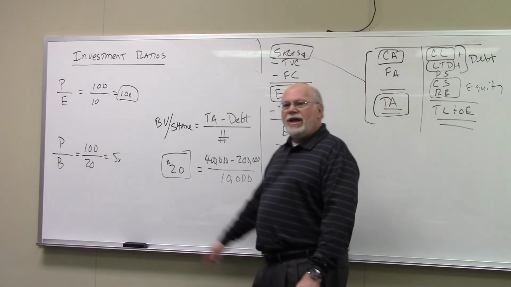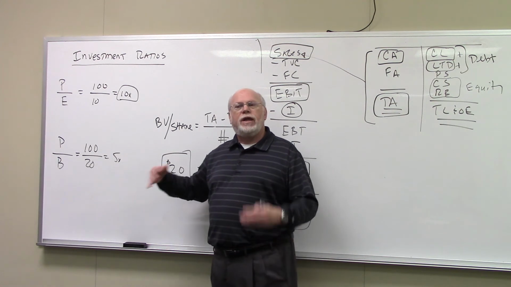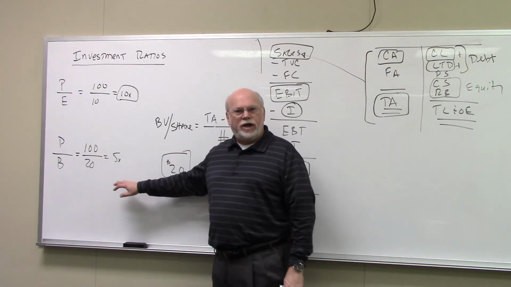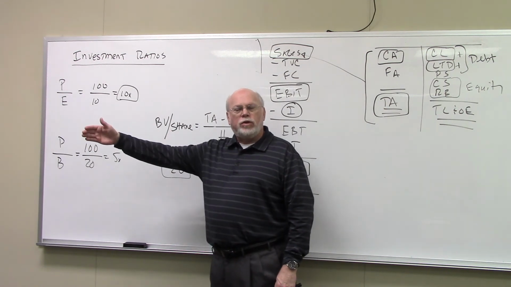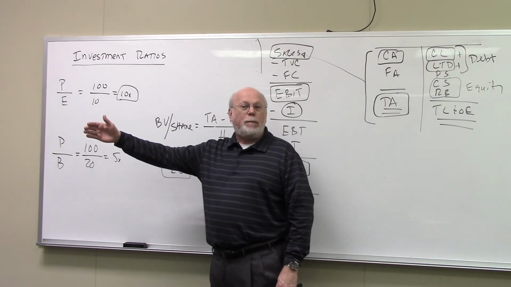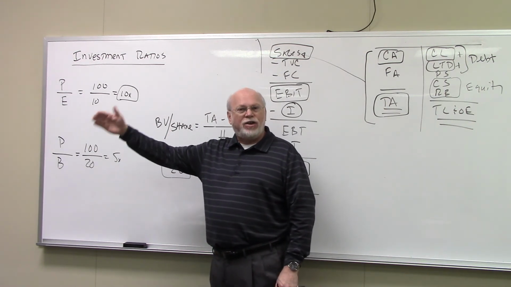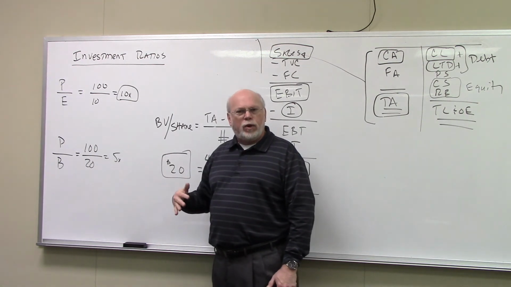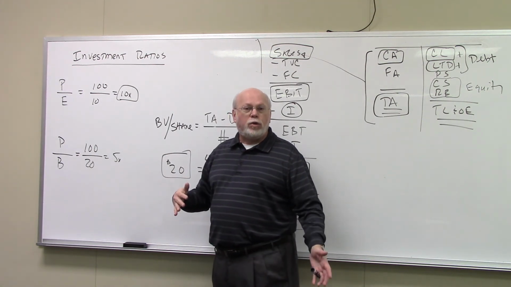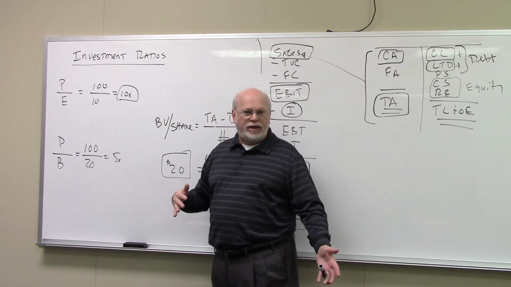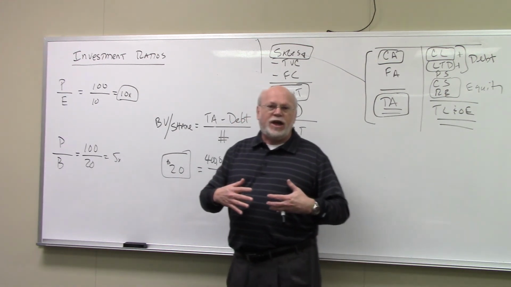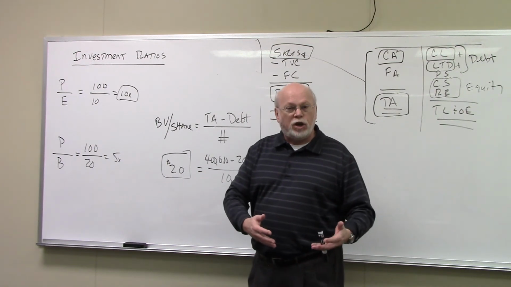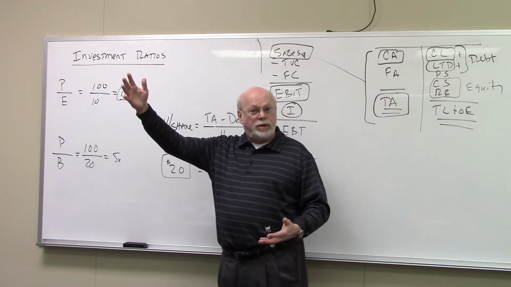Price to book now is an indication of what the market feels is the value of the company. The greater the price to book ratio, the greater the market's opinion is as to the value of the company. The lower the price to book ratio, the lower the market's opinion as to the value of the company. So what you'd like to do as an investor now is buy a stock whose price to book value is low and then have it go up.